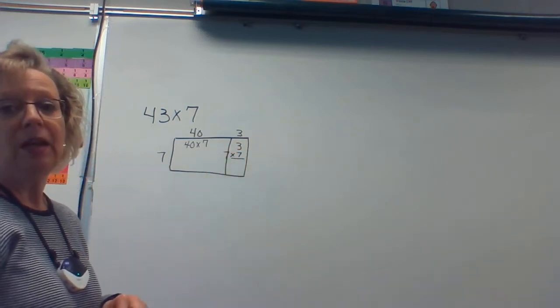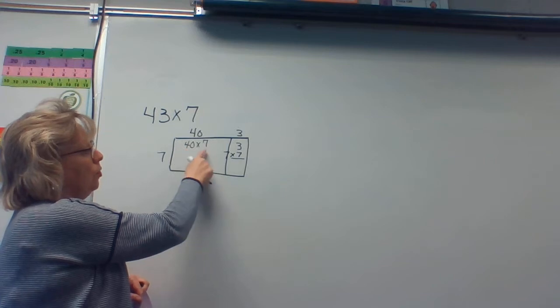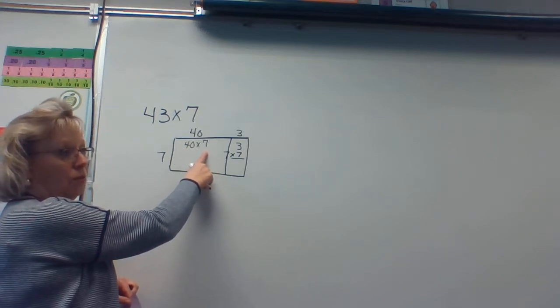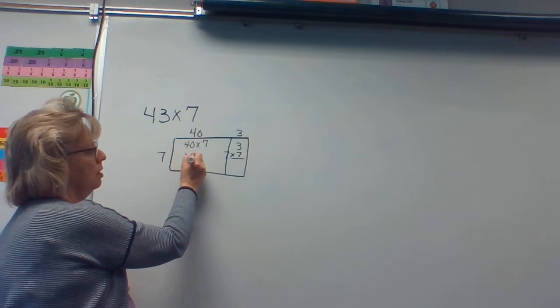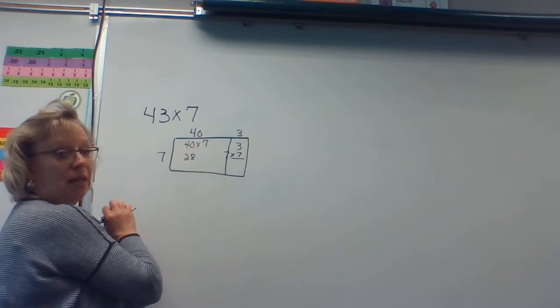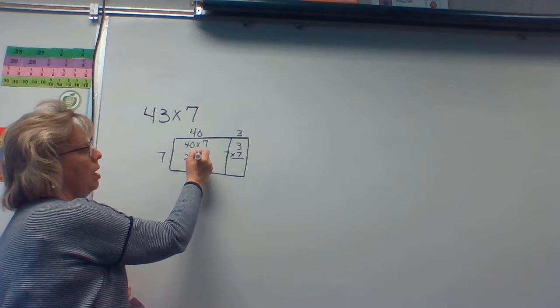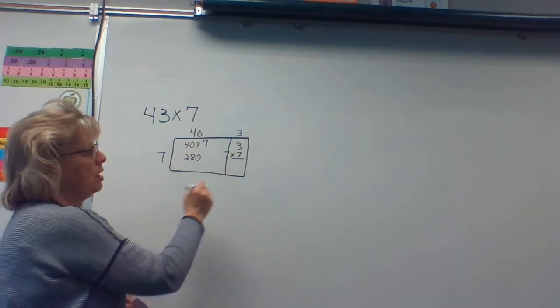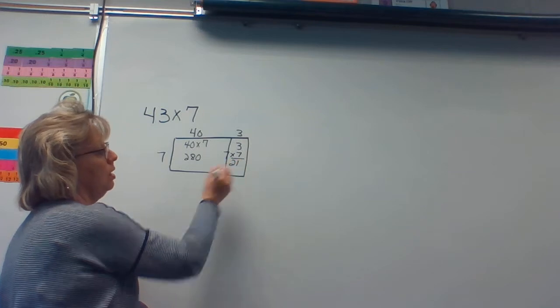Okay? So my basic fact, 4 times 7, 7 plus 7 is 14, and another 14 is 28. And it's a multiple of 10, so I'm going to place my 0, so that's 280. And then 7 3 times is 21.